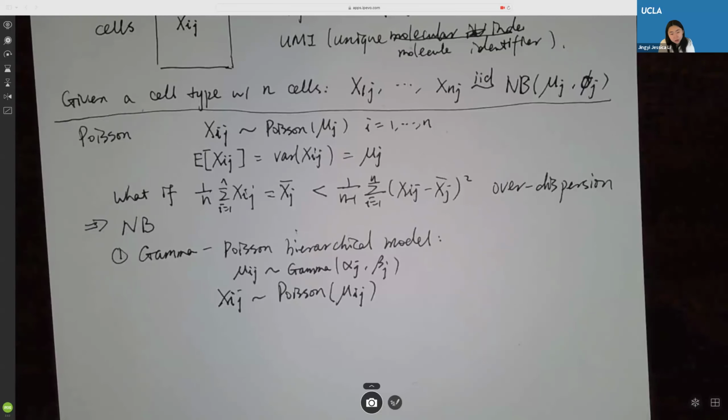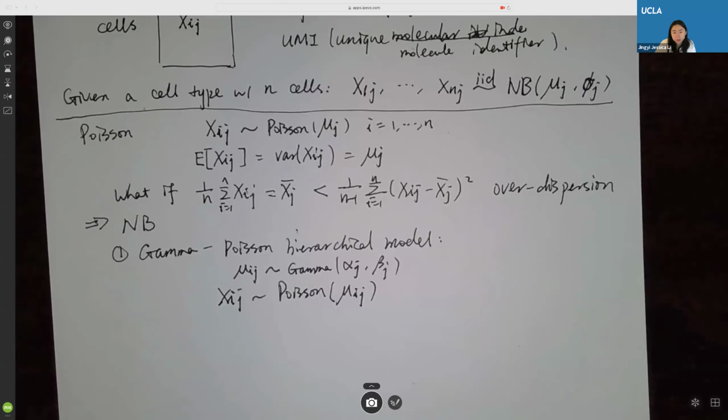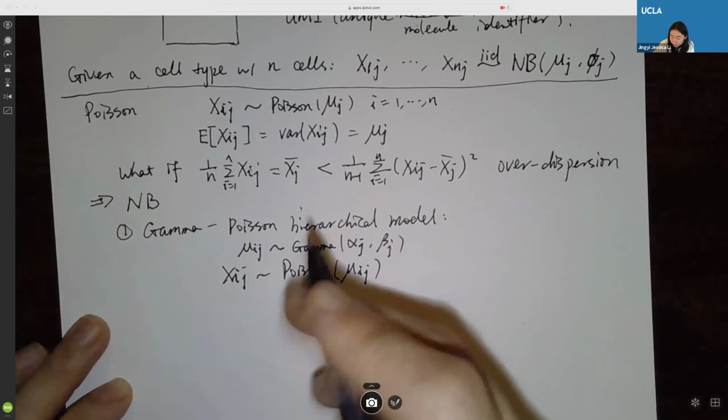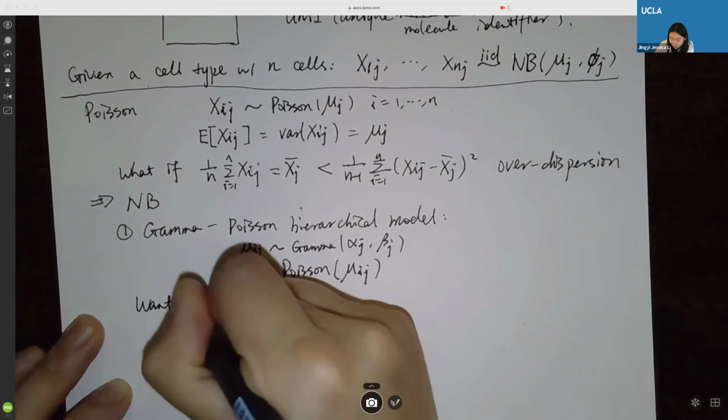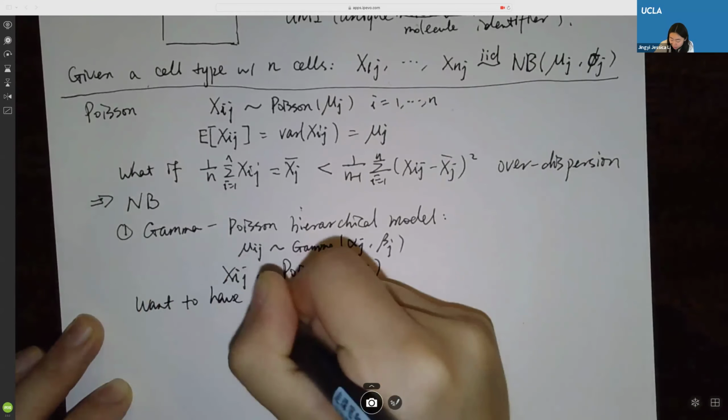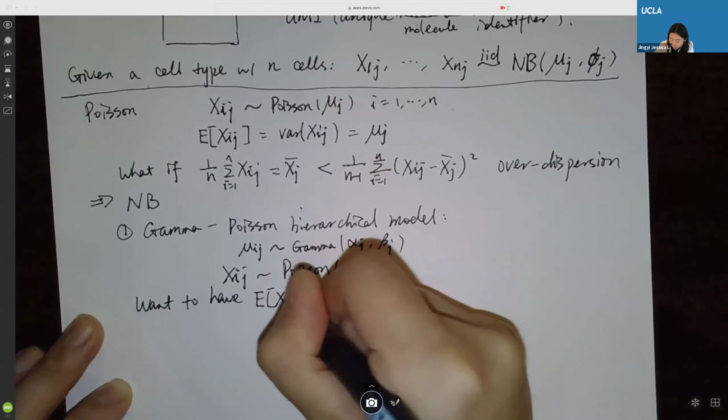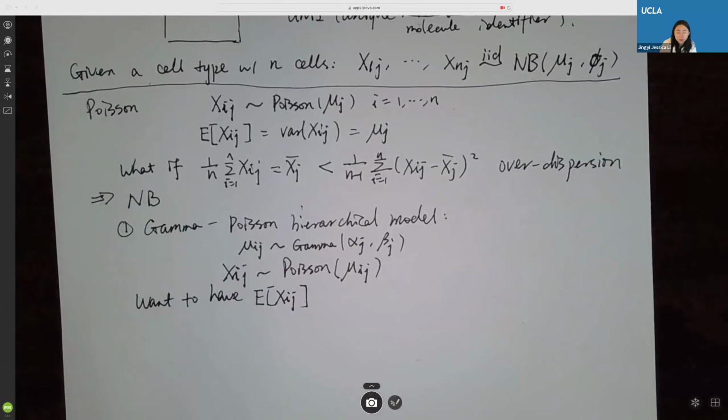But actually, I can tell you that we don't need 3 parameters in NB. NB has only 2 parameters, so we must reduce 1 parameter. And what is that? This is based on what we expect for the negative binomial distribution. So in other words, we want to have the expectation of xij to be equal to what?